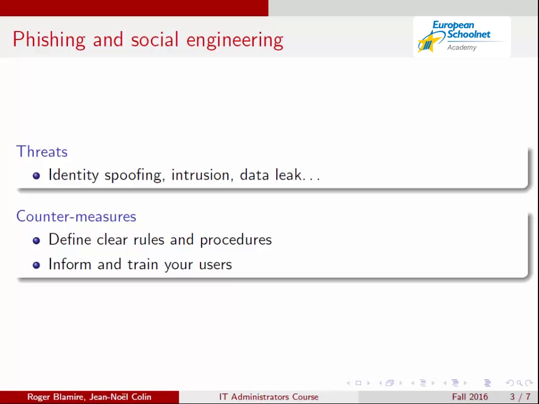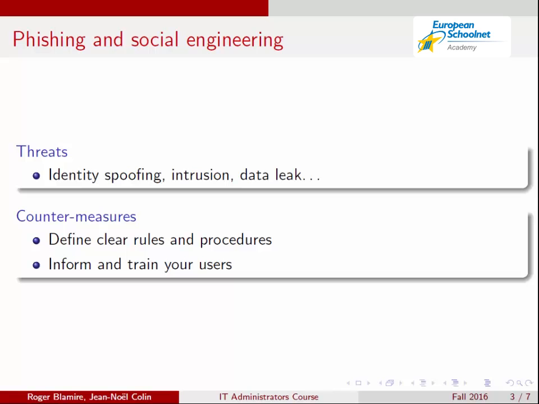Countermeasures will target the same target as the attack itself, namely the human factor. So if you want to defend against phishing and social engineering, the best place to act is with your users. Inform and train them about what phishing is, how to detect a phishing email, what social engineering is, how to identify it.